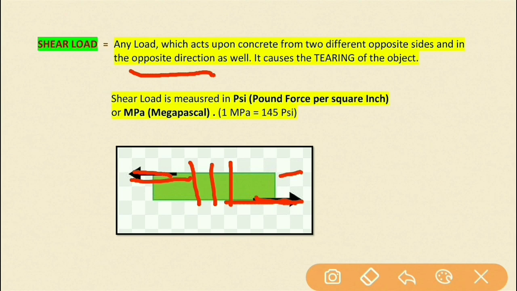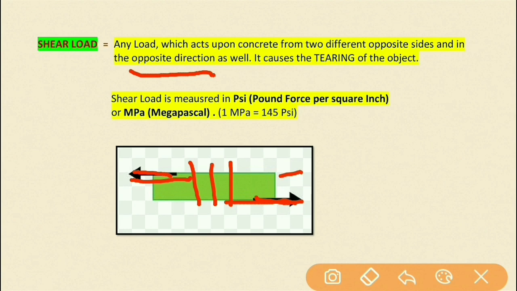So that's why reinforcement or steel bars are provided in concrete to bear shear load and tensile load. For that, reinforcement is inserted inside the concrete. This is what we know as RCC, and PCC is very good against compressive load.